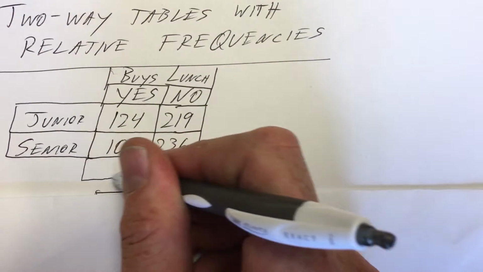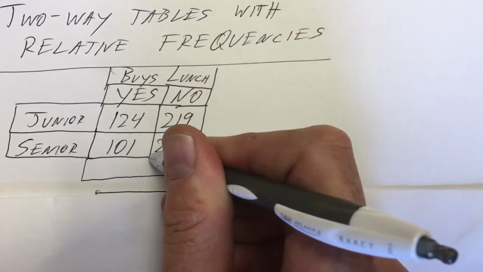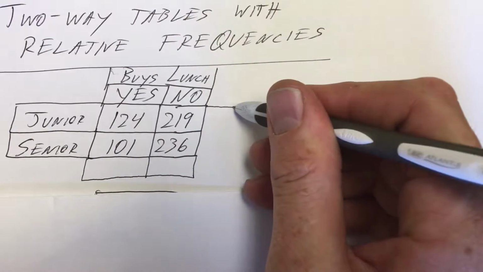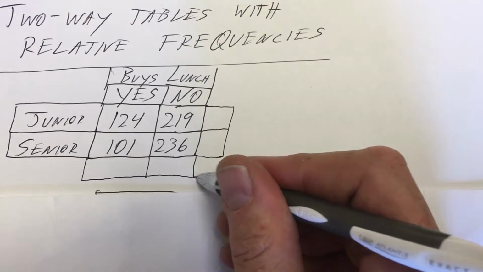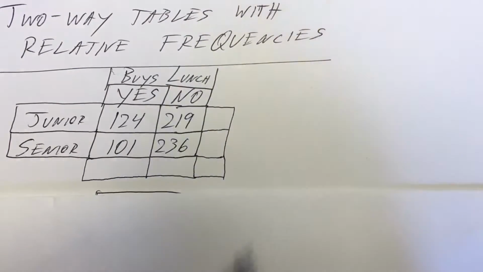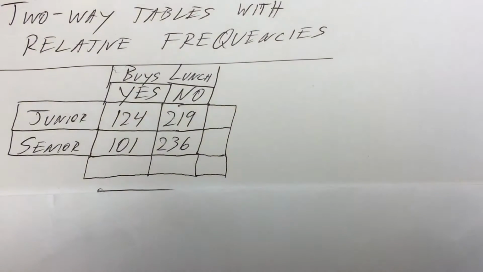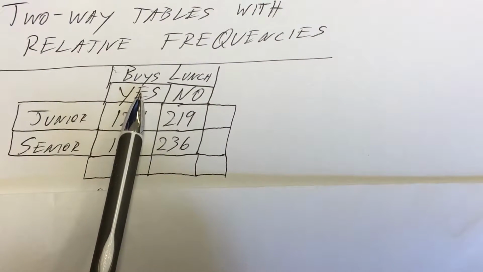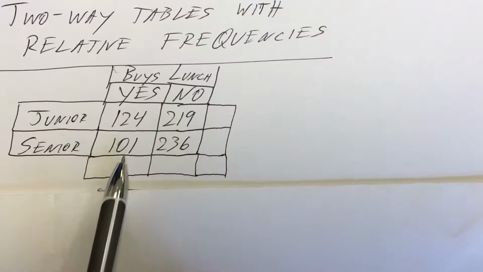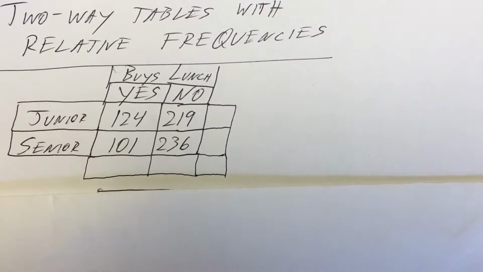If we add boxes to the bottom of the two-way table, and we add boxes for entry points on the side of the two-way table, we can also have a corner box to represent the total for the entire two-way table. For example, the number of people that said yes to buying lunch would be 124 juniors and 101 seniors.